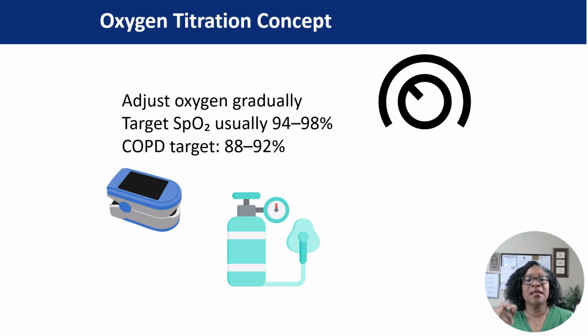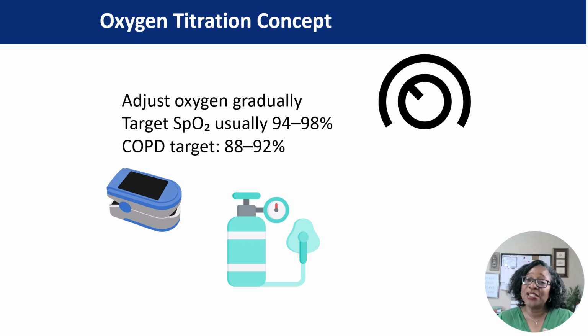This is because COPD patients frequently retain carbon dioxide. And when oxygen is given too aggressively, it can suppress the respiratory drive. Now, remember in the hypoxic drive video, when you have a COPD patient you would think, oh, I have to control the CO2 levels, but you don't want to give them too much oxygen.